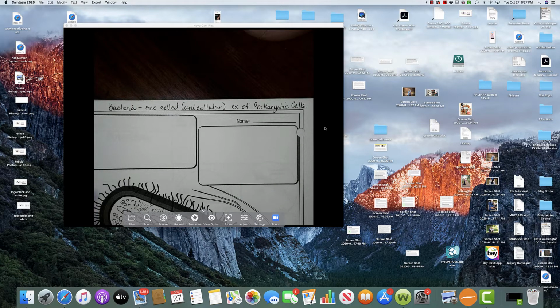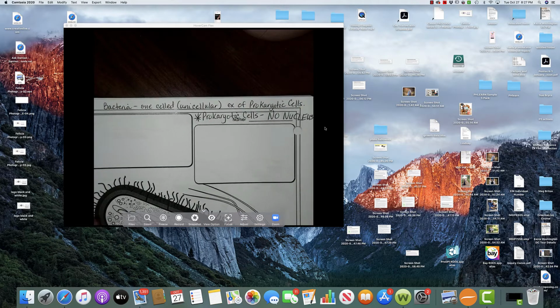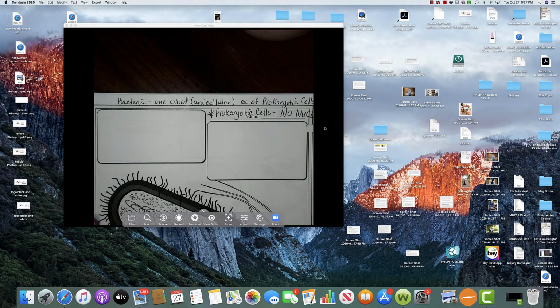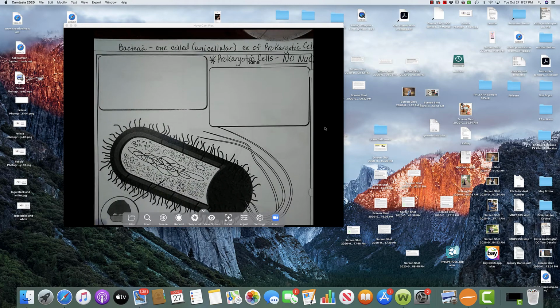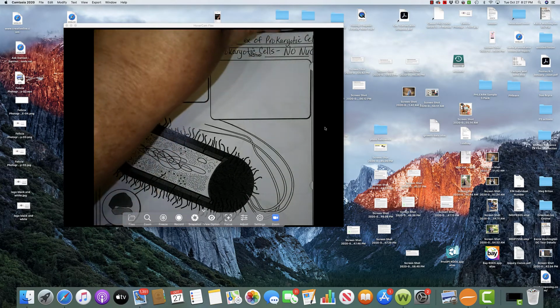As we have already discussed, you did reading and then watched a lecture, and then you did the opener. Prokaryotic cells are the cells that are without a nucleus. No nucleus. Okay, so here is our picture of a bacterium.